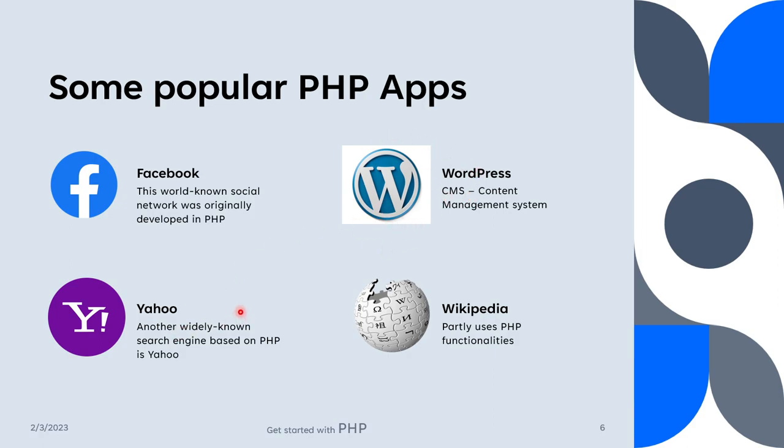Yahoo, which is kind of a search engine, was also built based on PHP. Part of Wikipedia also uses PHP functionality to power its pages. So these are some popular applications that use PHP to power their functionalities.